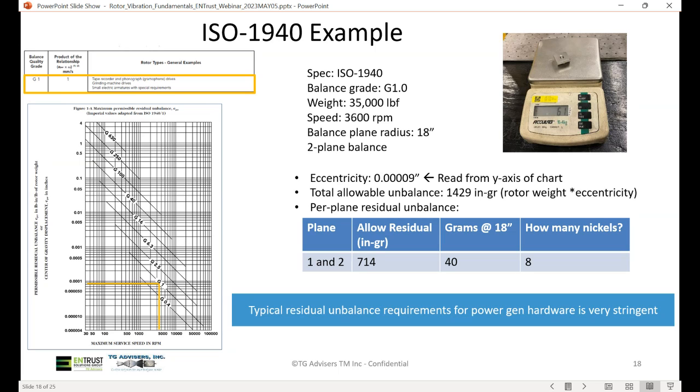So in this case, if you have 1,429 inch grams allowed, if you distribute that on 2 balance planes, each balance plane is allowed 714 inch grams. At 18 inches, the radial location of the balance plane, this means that you need to add a weight of 40 grams to correct any sort of balance.